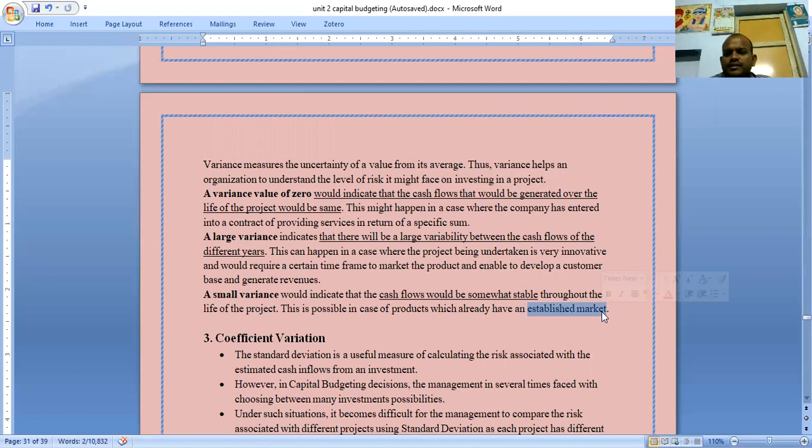In any condition, people are using bath soap, whatever the company may be. It has its own market. So it is irrelevant whether the market is supporting or not. They are getting the same stable cash flows.